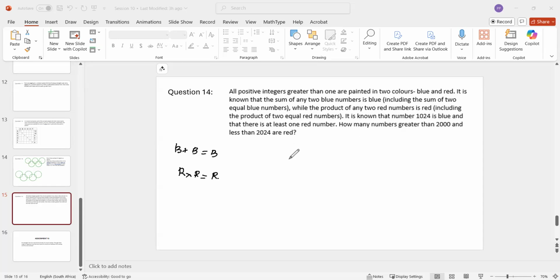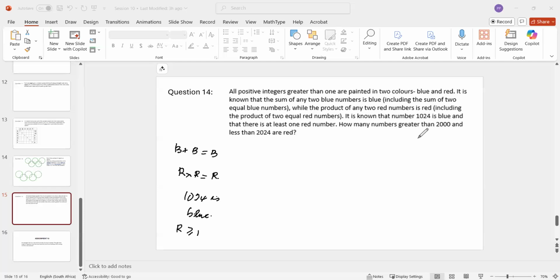Right? That's all they are given. It is also known that the number 1024 is blue. And there is at least 1 red number.